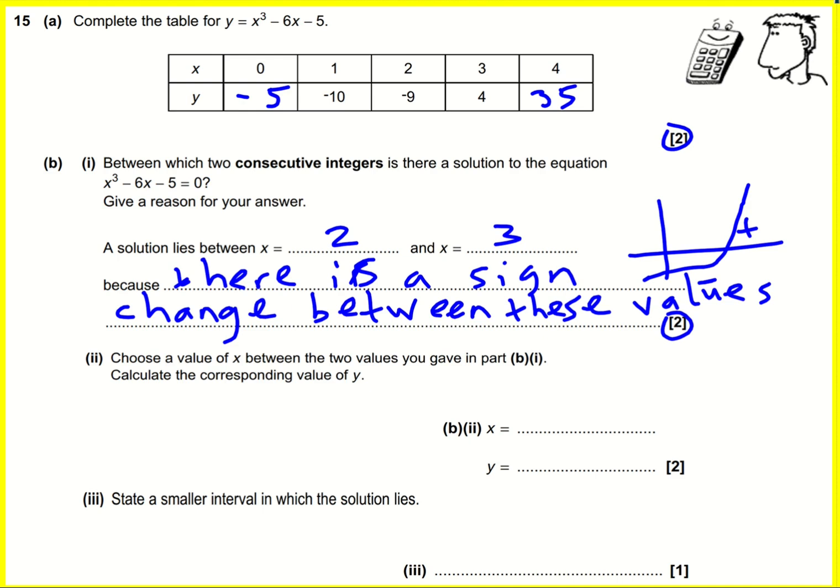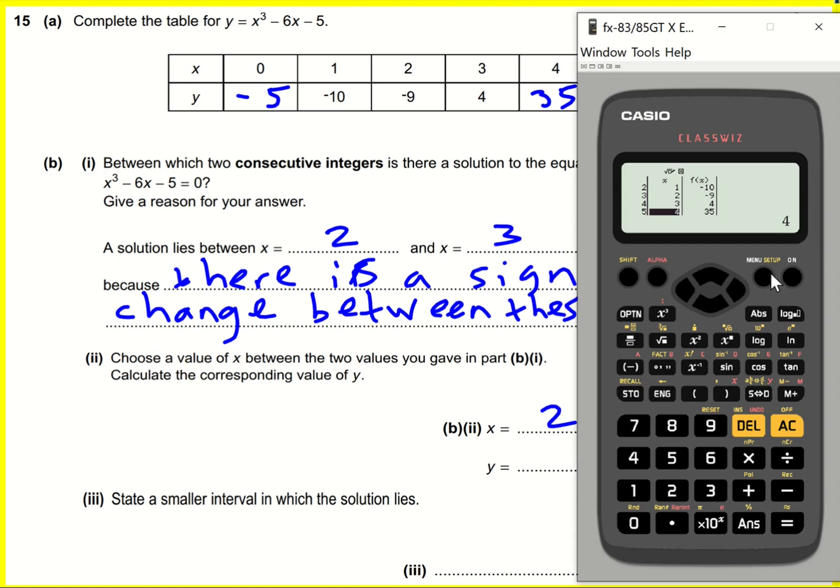Choose a value of x between the two values you gave in part B, part 1. Calculate the corresponding value of y. Well, we can go with anything here, and we are going to have to use our calculator for that. I'm going to try 2.5. Why not go exactly halfway in between?